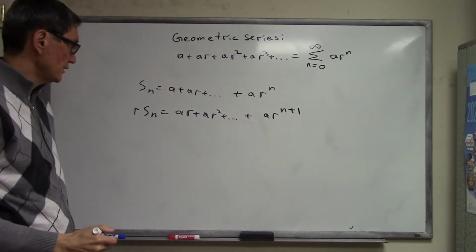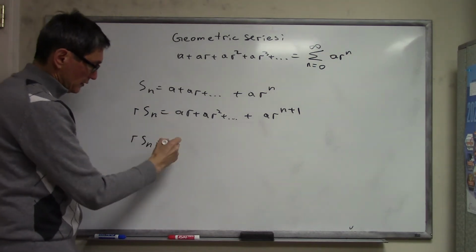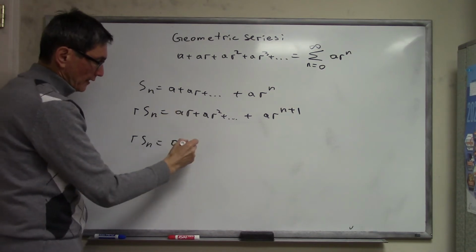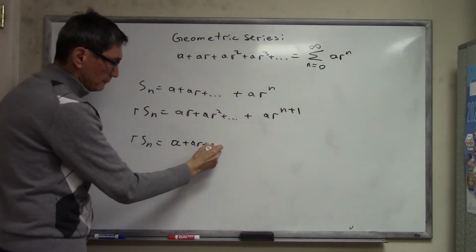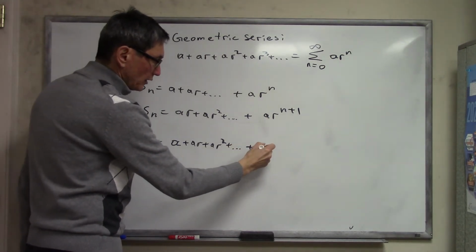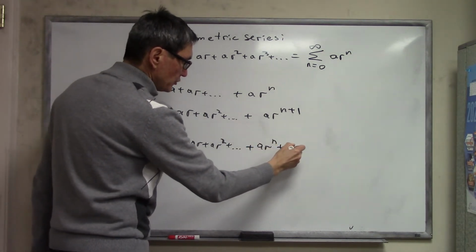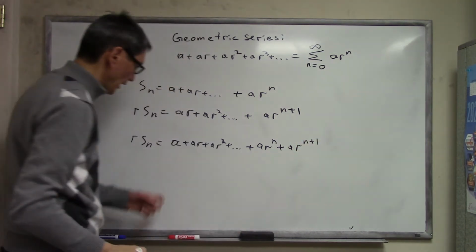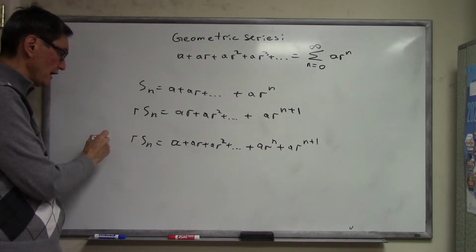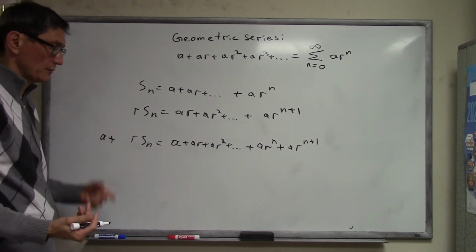And what you notice here is we can rewrite it as, I will squeeze an extra a here and rewrite the rest. And the term before is a times r to the n, then a times r to the n plus 1. And because I put an extra a here, I have to put an extra a on the left side to balance them out.